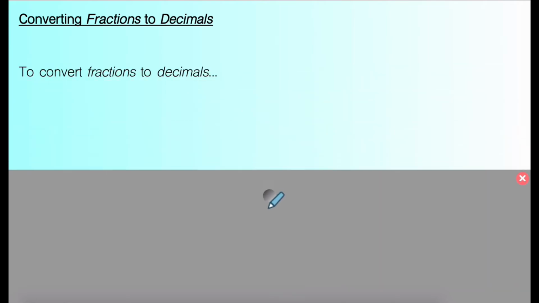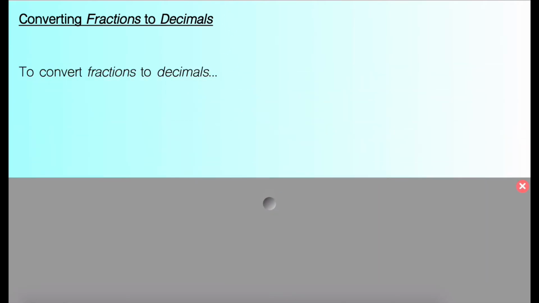To convert a fraction, let's say like 1/8, into a decimal, the way that you're going to do that is by simply doing some division. We are going to divide the numerator, the top number, by the denominator. And that's it.